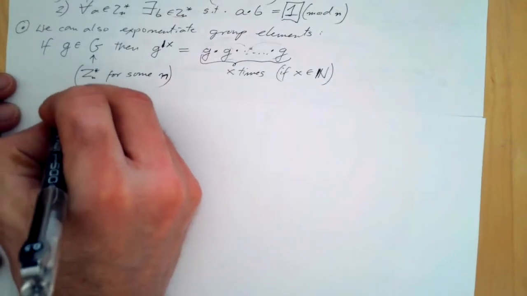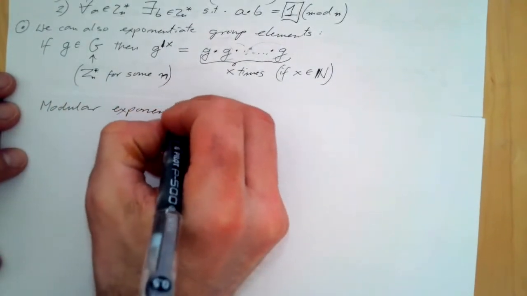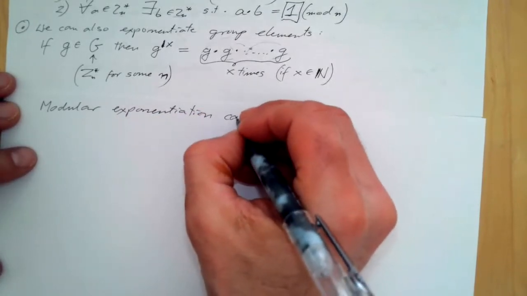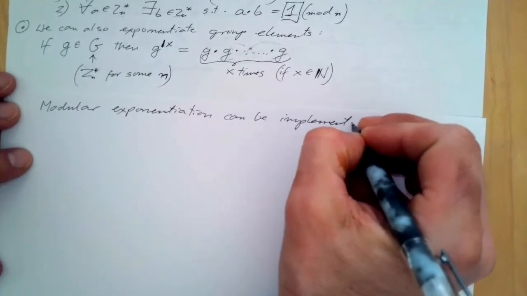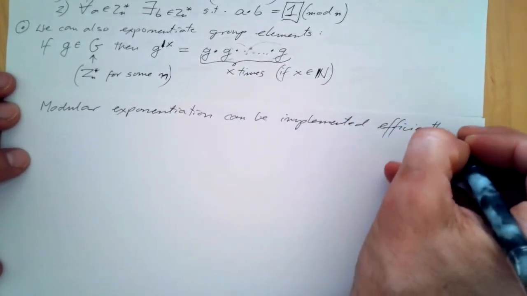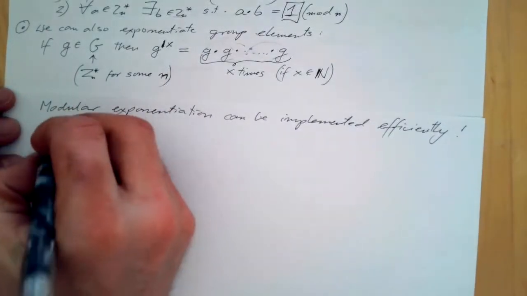So modular exponentiation can be implemented fast. How so?